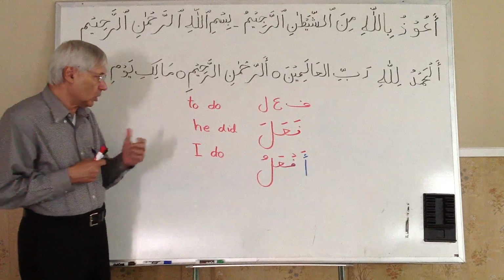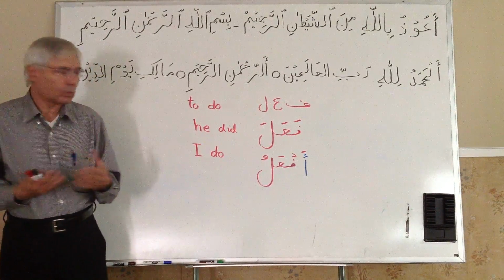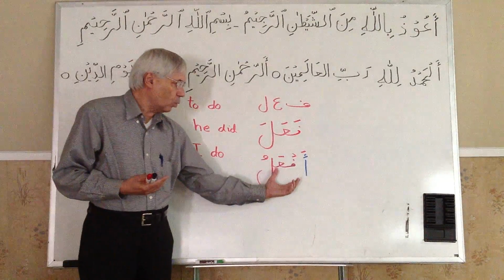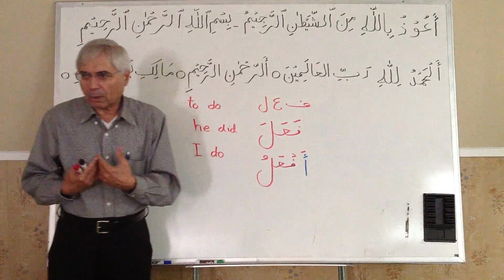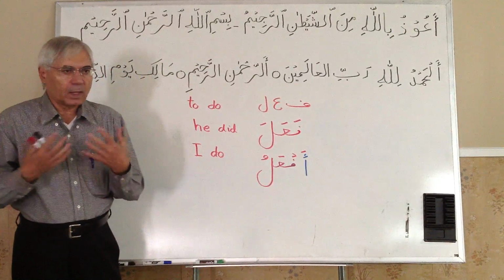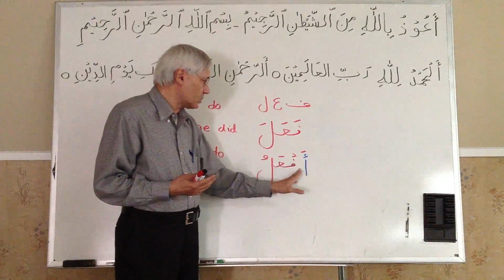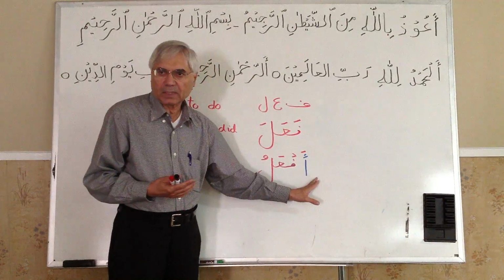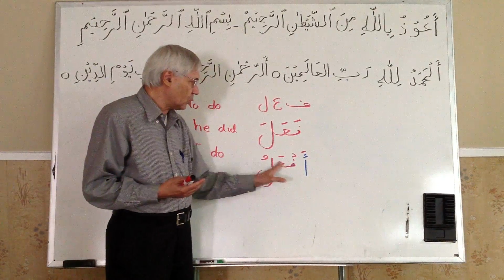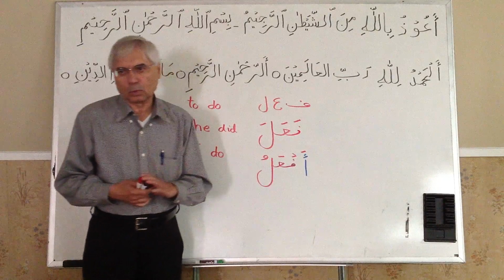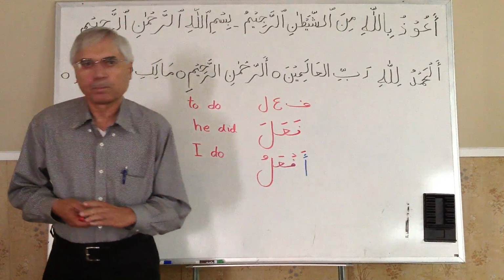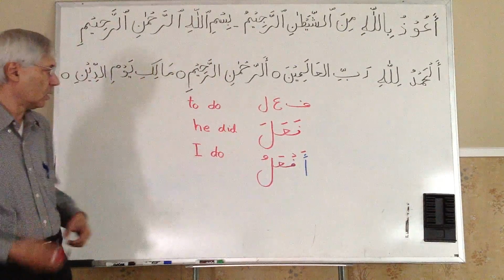So the rule is that if I want to make an Arabic word where I'm talking about myself and I'm talking about the present tense, then we just put an alif with the hamza in the beginning and sound like af'alu. So that's how we make it.